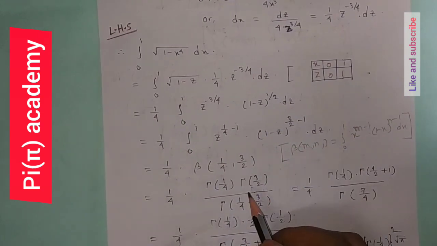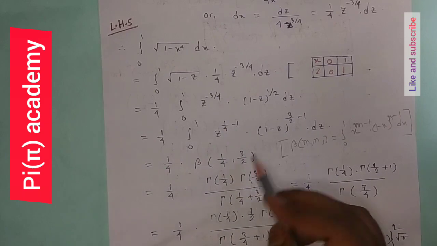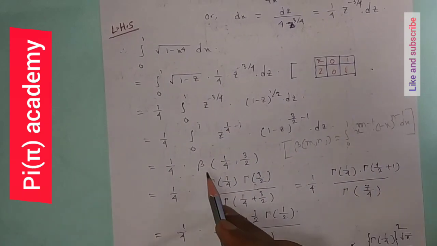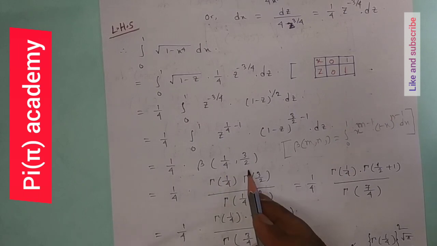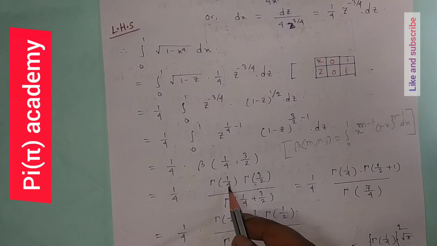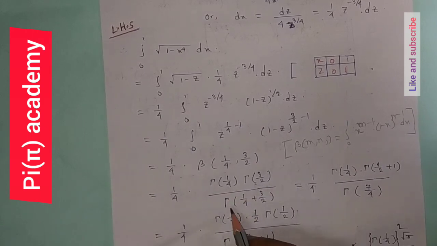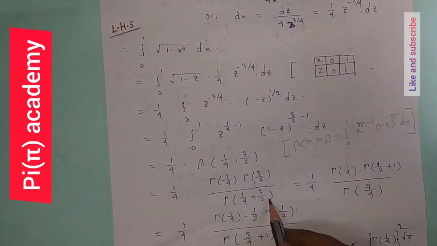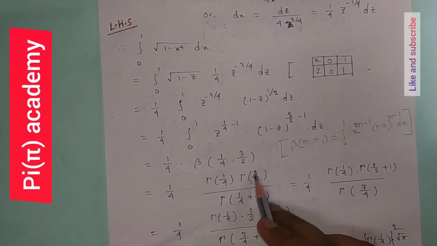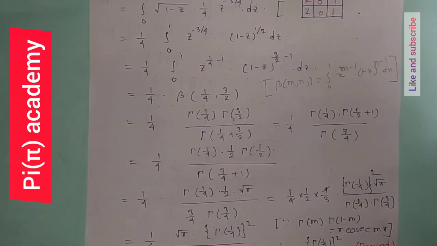Here m equals 1 by 4 and n equals 3 by 2, and this is beta(1/4, 3/2). We also know that beta(m, n) equals gamma m into gamma n divided by gamma(m plus n), and 3 by 2 we can write as half plus 1.